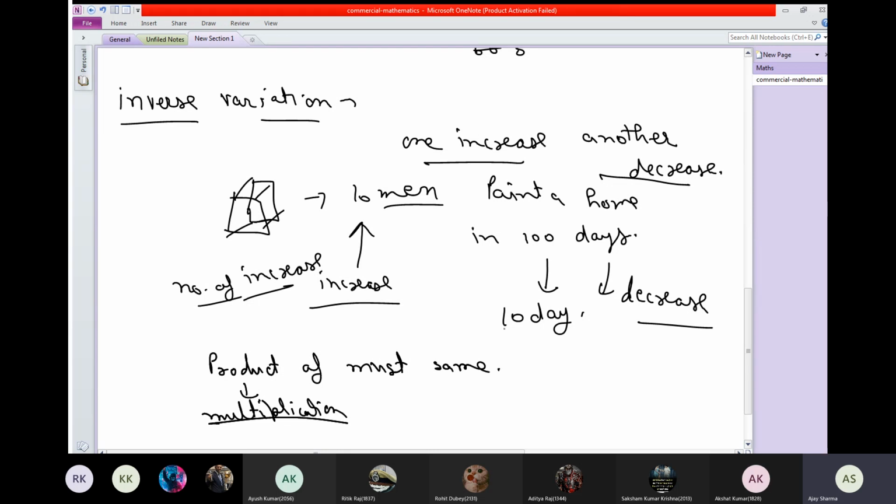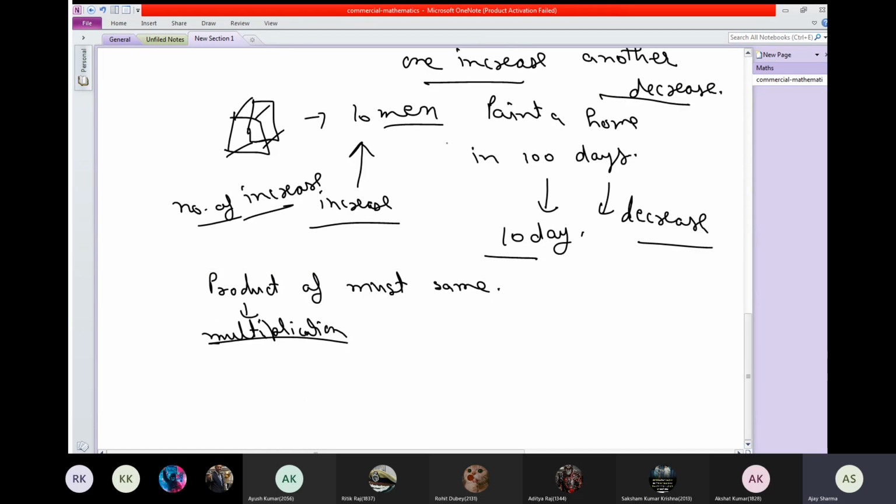Now, if you have to find how many men can complete this work in 10 days, then what you have to do? Multiply the product. Men multiplied by days, their product must be same. In the first one there are 10 men and number of days is 100.